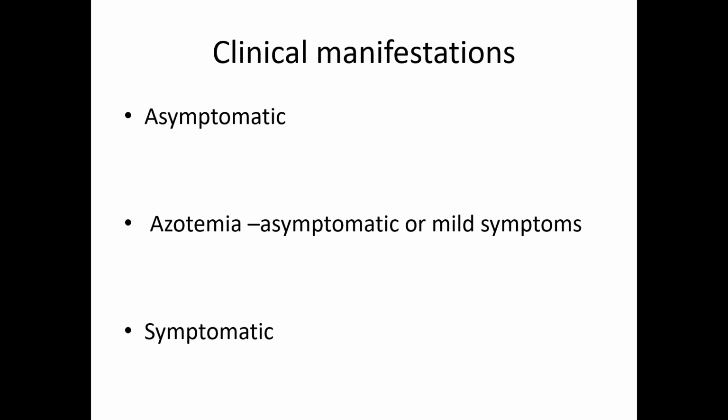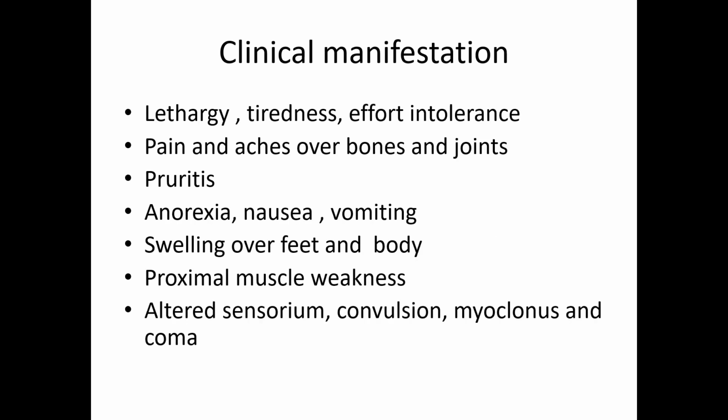The symptomatic stage is the late stage 4 and stage 5, when the GFR goes less than 15 ml per minute; these patients invariably become symptomatic. Symptoms are non-specific. They complain of lethargy, tiredness, and effort intolerance, maybe because of anemia. Because of bone disease, they complain of aches and pains in bones and joints.